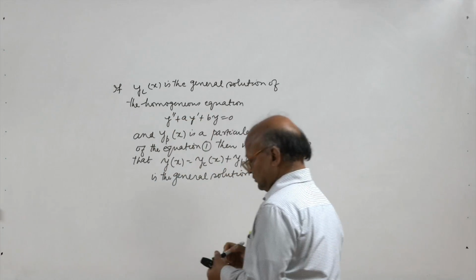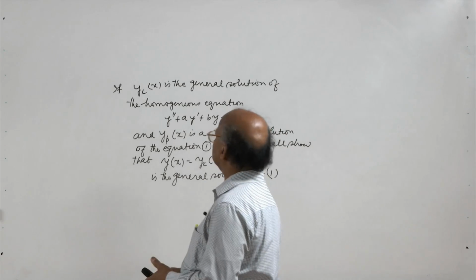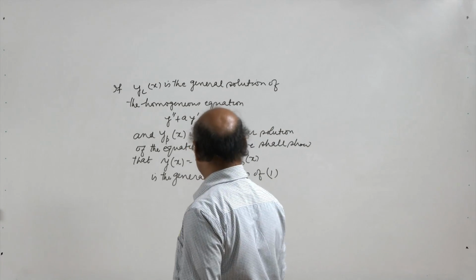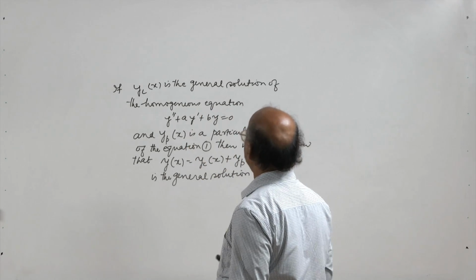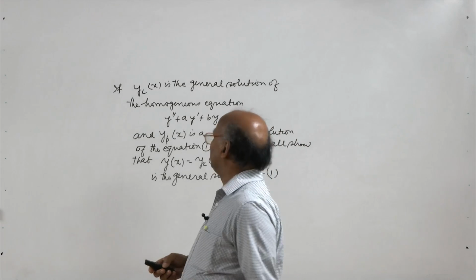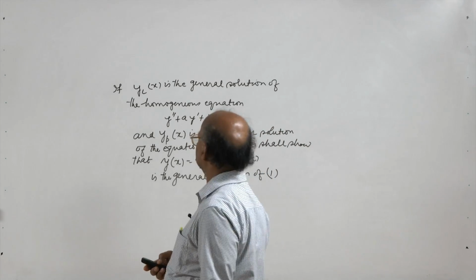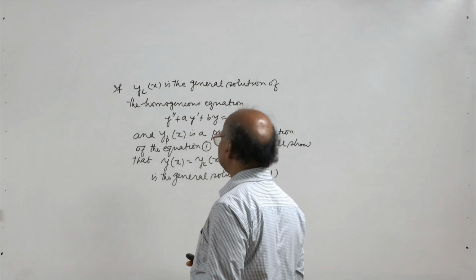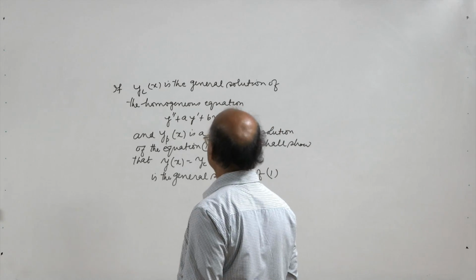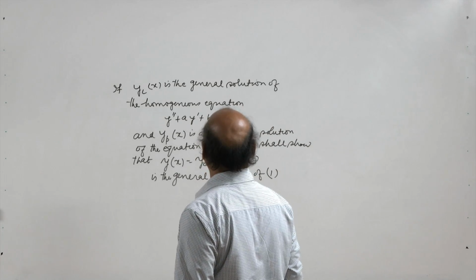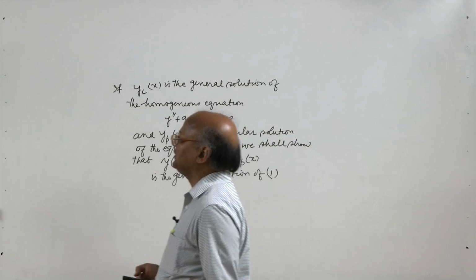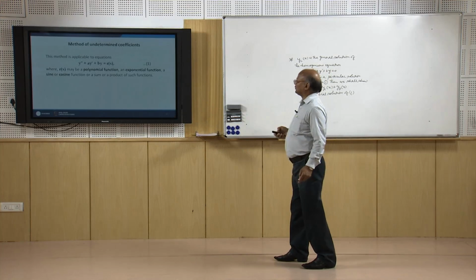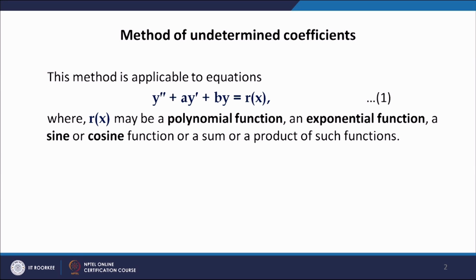equation 1. So now y_c(x) is the general solution of the homogeneous equation y'' + a y' + b y = 0, which means y_c(x) will contain two arbitrary constants, and we know how to get the solution of this homogeneous equation. y_p(x) is a particular solution of equation 1, which means y_p(x) is a solution of equation 1 without any arbitrary constants.